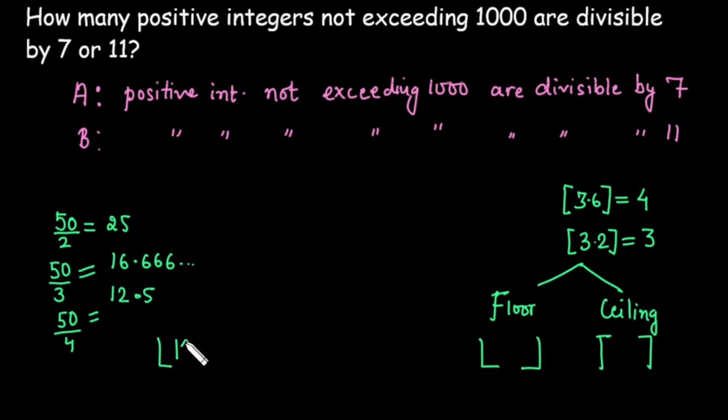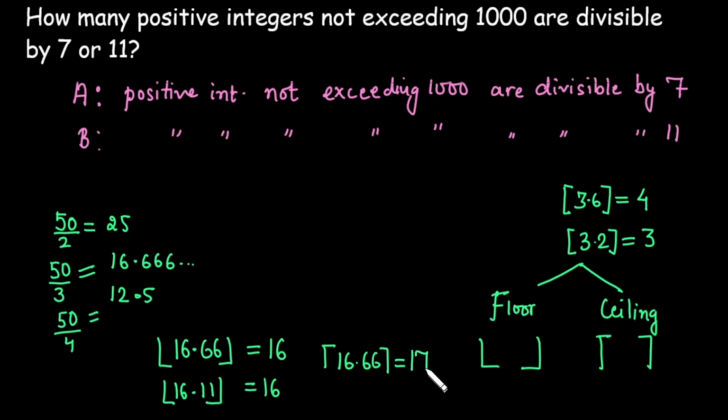When we apply the floor function on 16.66, we get the integer 16. The floor of 16.11 is also equal to 16. Whereas if we apply the ceiling function on 16.66, this will give us 17, and for 16.11, this also gives us the next integer, 17.